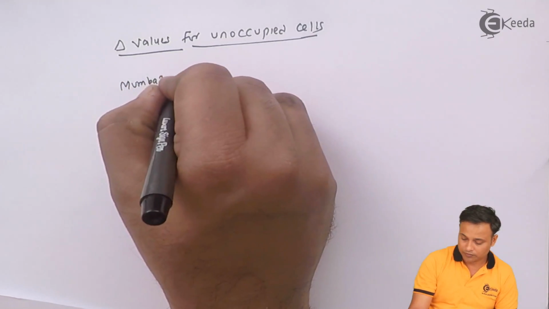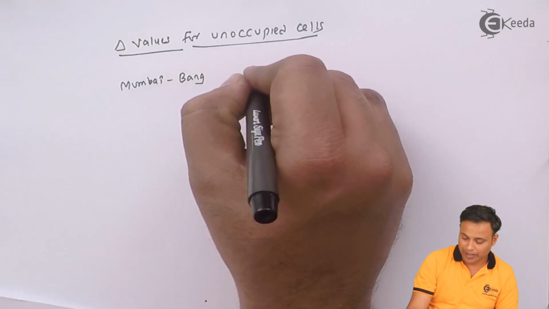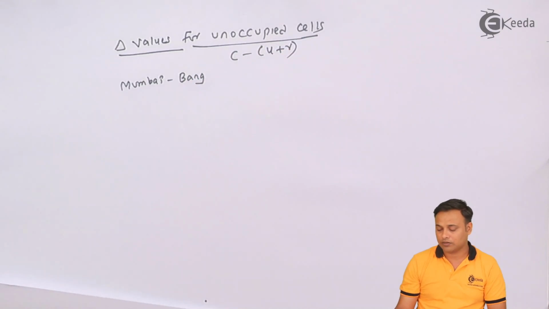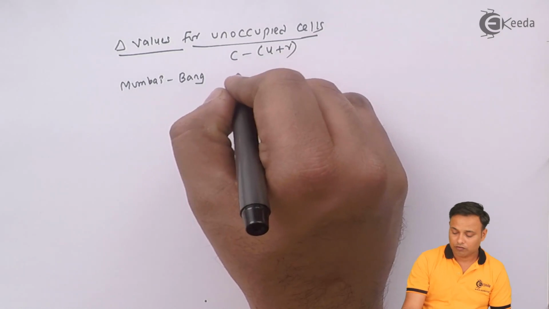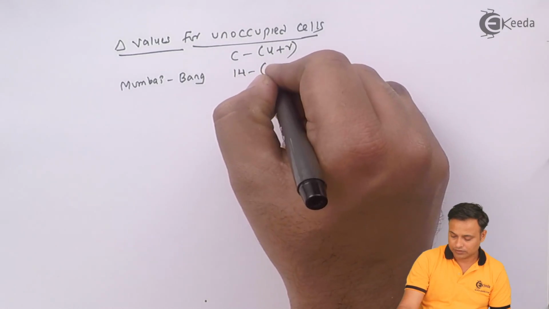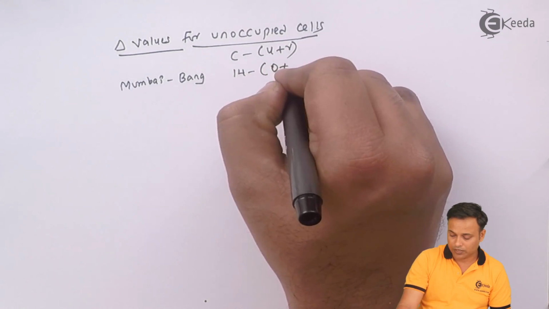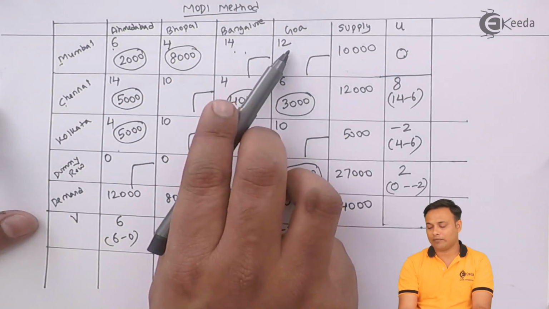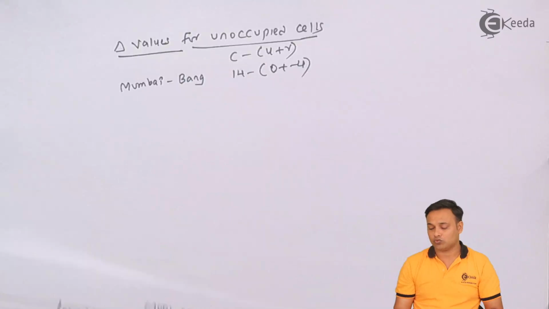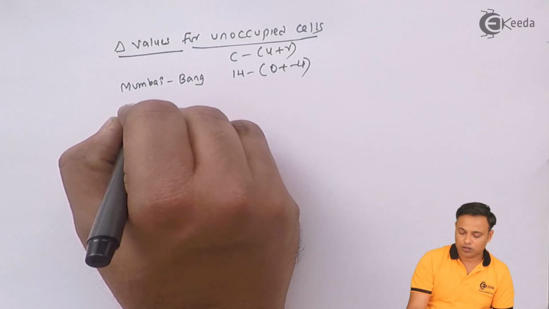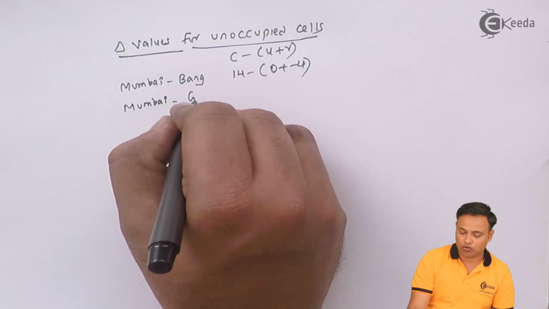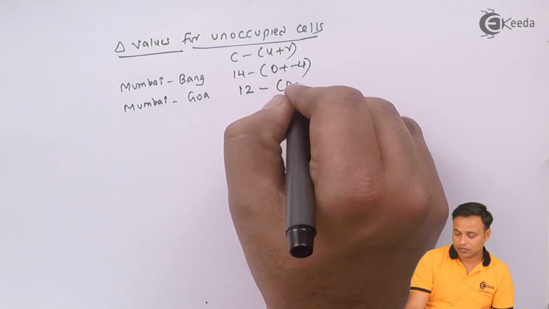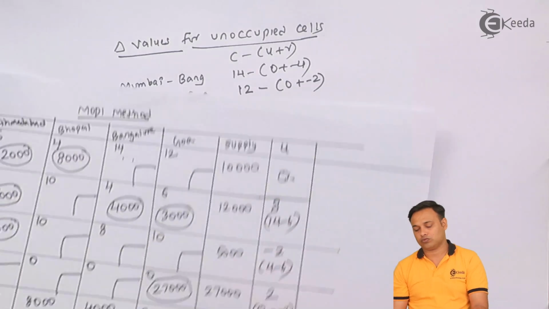For Mumbai Goa it will be 12 minus 0 plus minus 2.